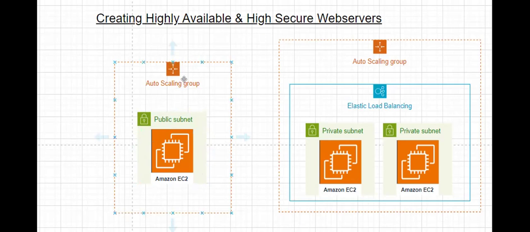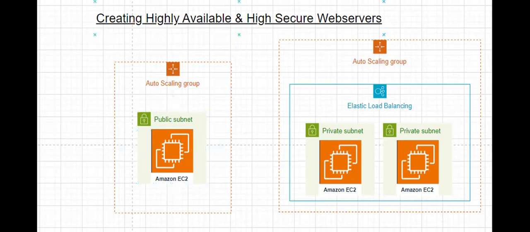Now, currently, is this server in a public subnet or a private subnet? It is in a public subnet. And one more thing, who can access this? Since this is in a public subnet, everyone can access this server.